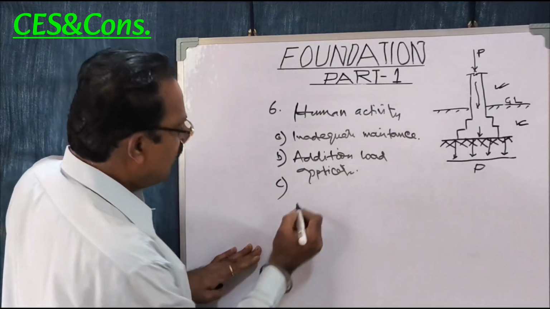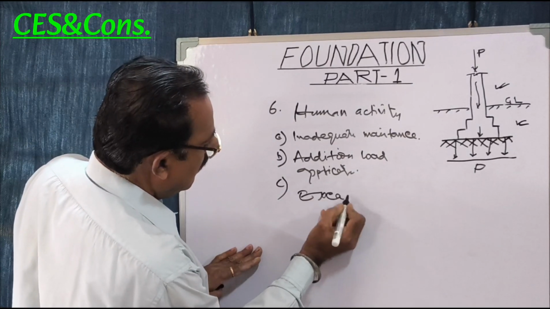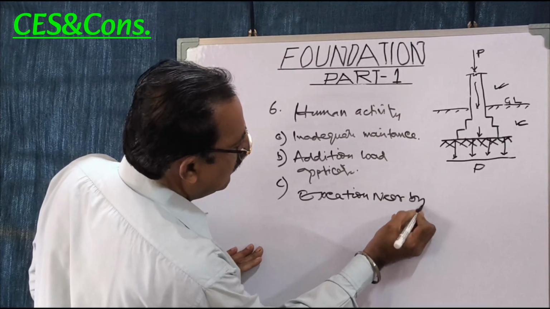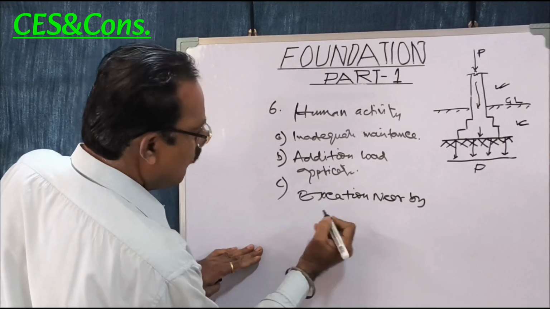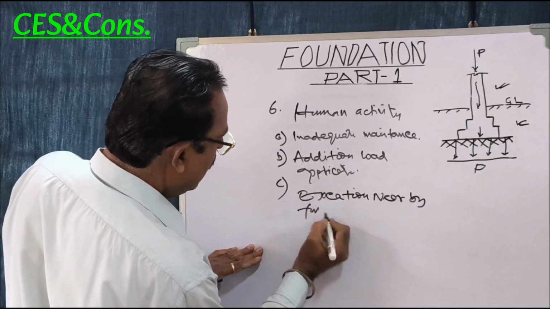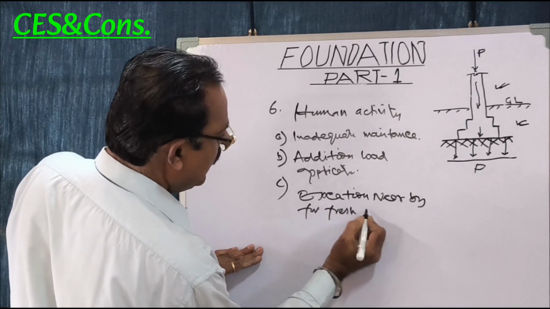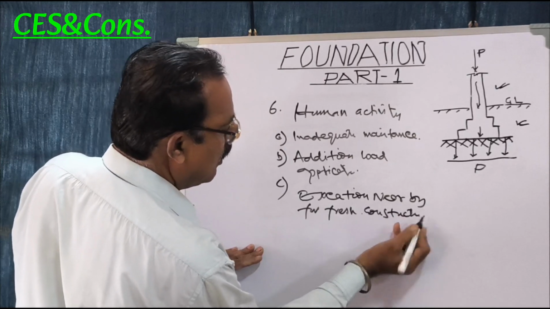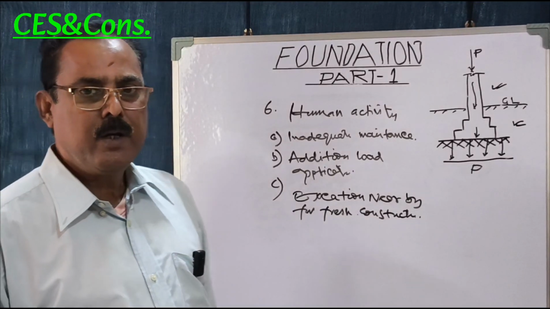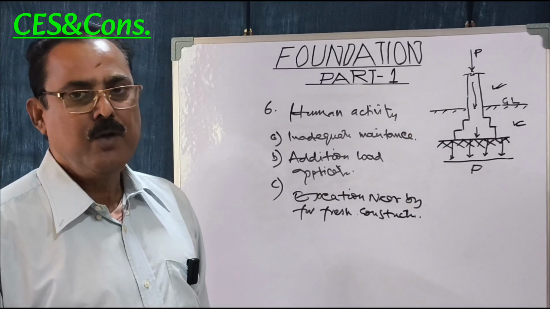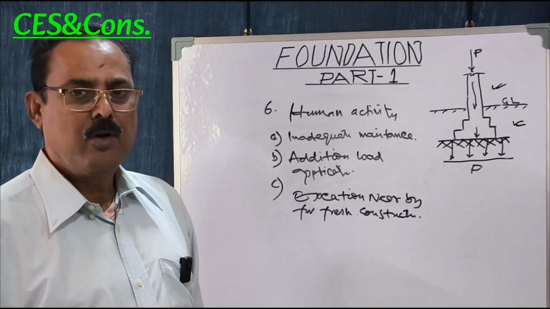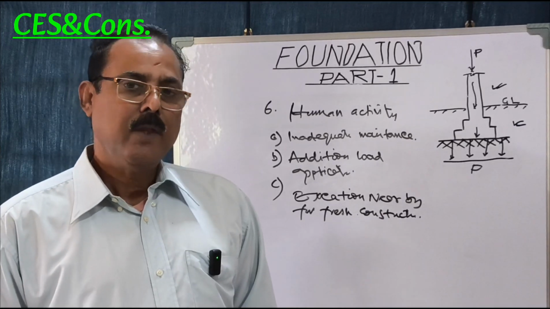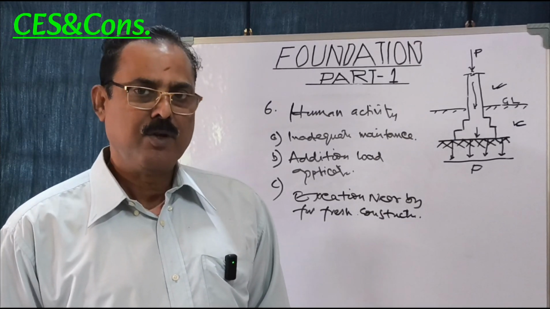Another point may be excavation nearby for fresh construction. If we excavate the earth for a new construction near the old construction, and if we do not follow the rules, then the existing building may collapse.